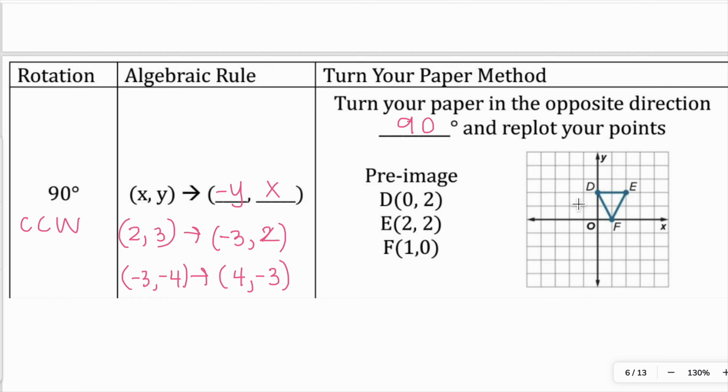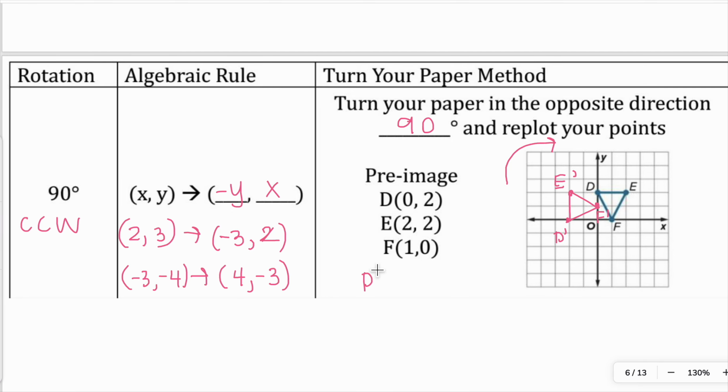Okay, so if I'm doing that, that means I'm turning my paper this way 90 degrees, so I would give it a 90 degree rotation and plot 0, 2, so that'd be D prime, 2, 2, so that'd be right 2, up 2, E prime, and then 1, 0, that'd be right 1 and remain. Okay, so this would be my 90 degree counterclockwise rotation about the origin.